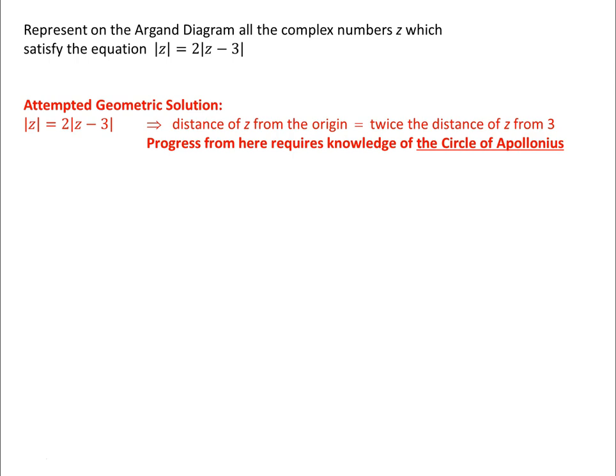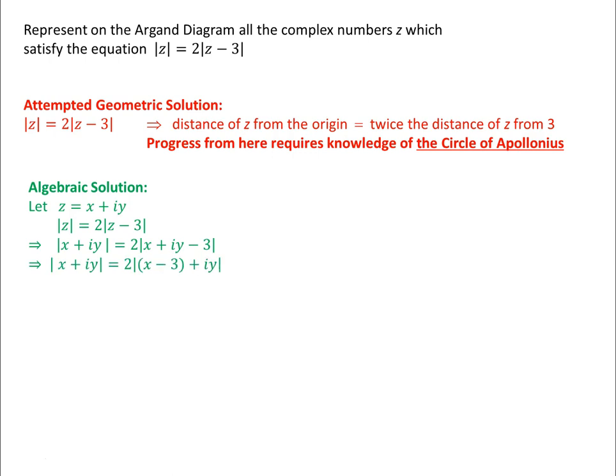And in this case, it's much easier for us to go down the algebraic route. So to go down the algebraic route, we're going to say, okay, let z equal x plus iy, in which case we have got the modulus of x plus iy must equal twice the modulus of x plus iy minus 3.